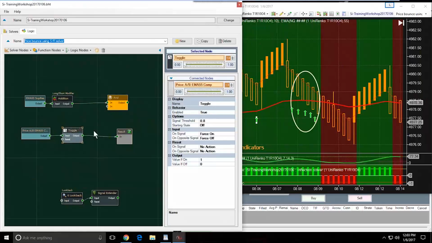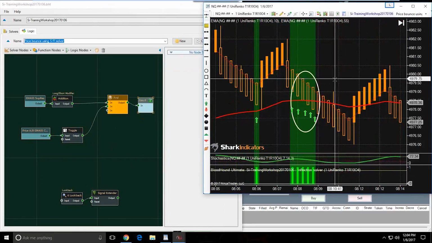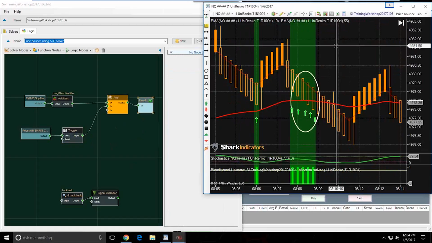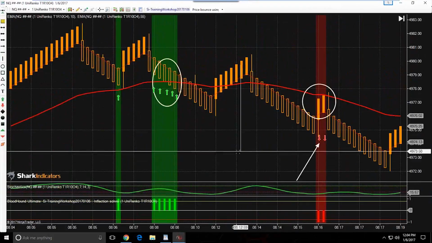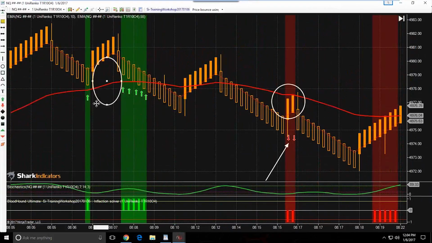So let's just try that. That actually looks like it's turning out to be a much simpler solution. Sometimes it's easy to overcomplicate things. All right, so let's take a look now. Now everything's looking perfect.